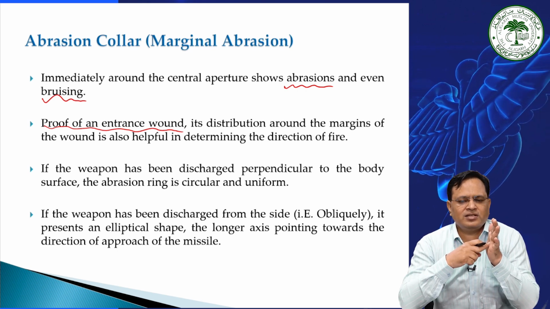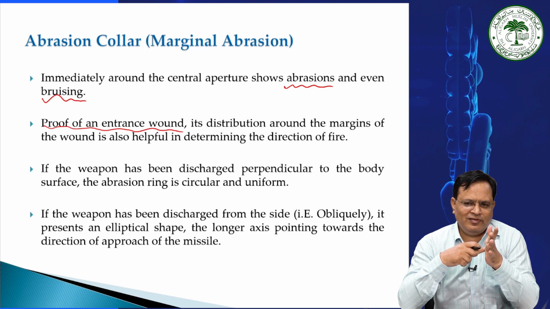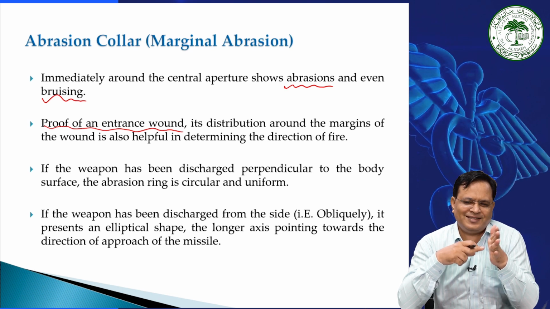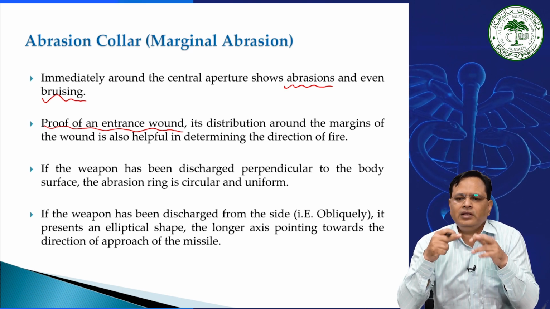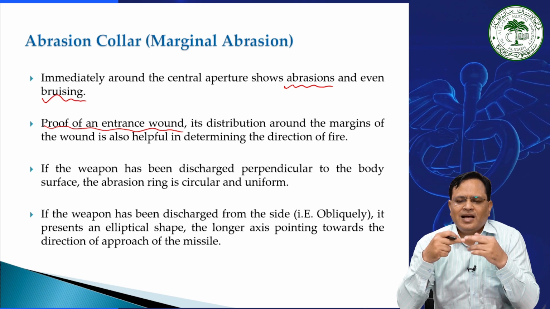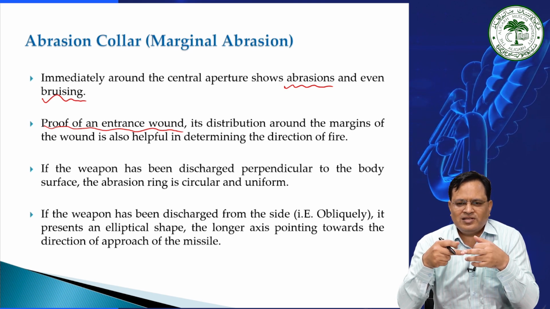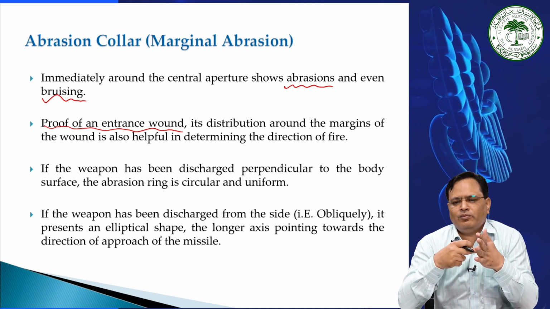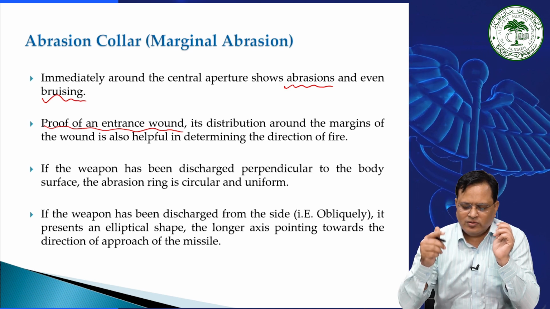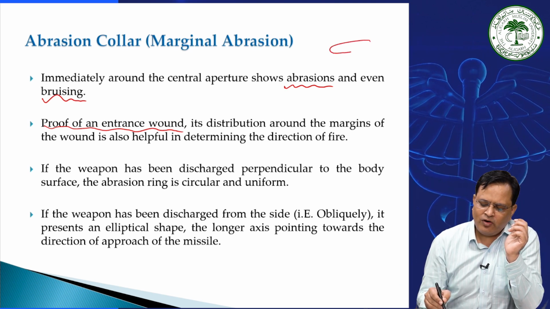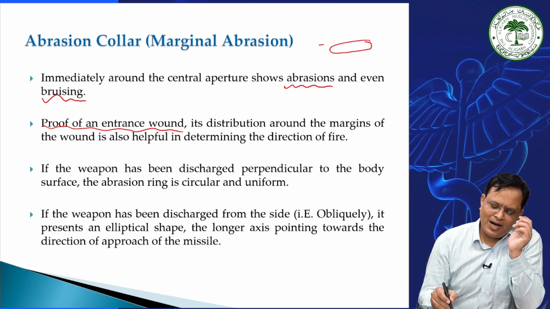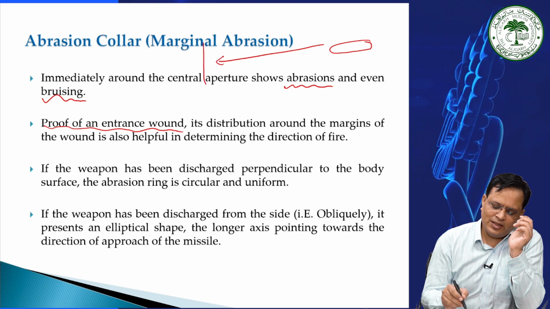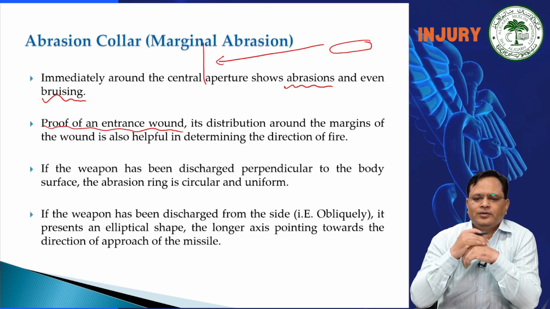So it will cause injury, and that injury will have abrasion, bruise and stab. Actually, all gunshot injuries, especially of rifles, we can say are stab wounds, because a somewhat solid bullet is penetrating into the tissue, that is stabbing into it.